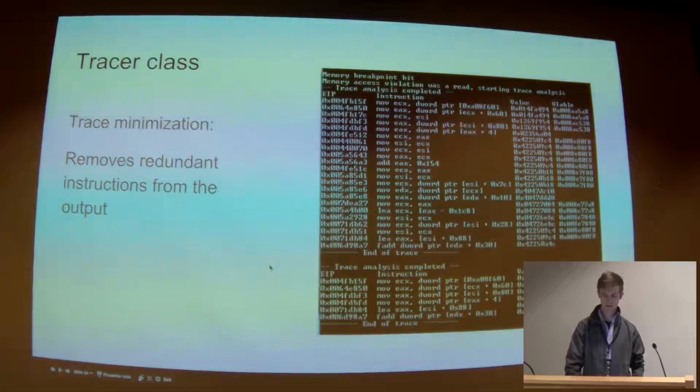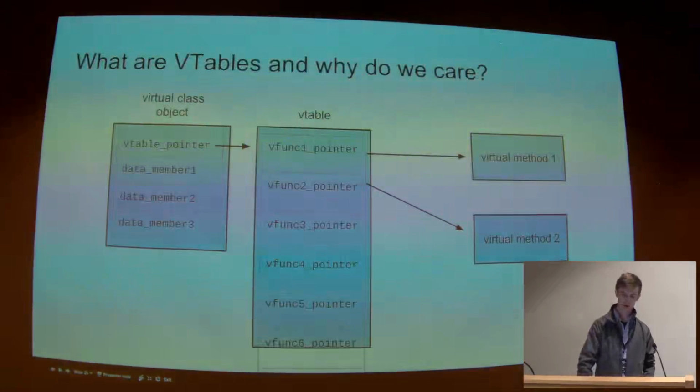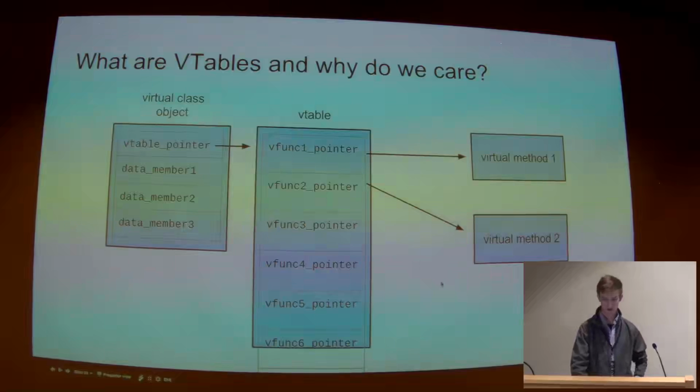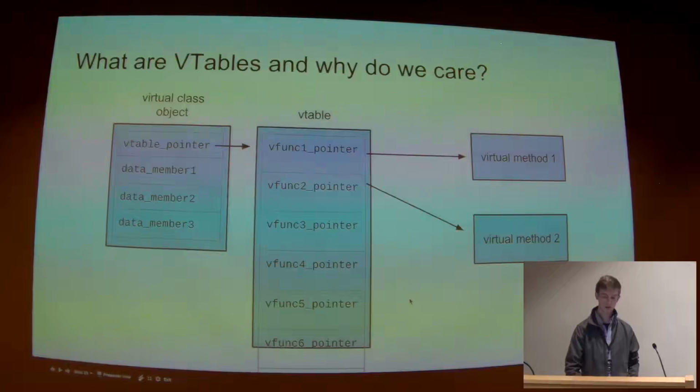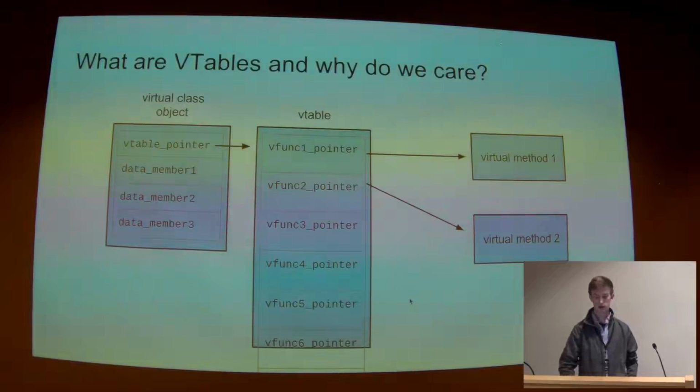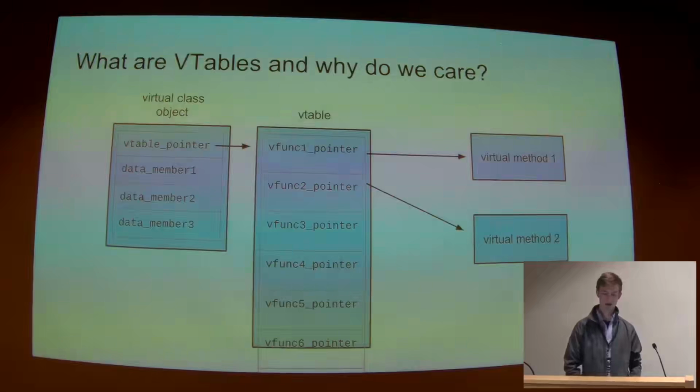Okay, so what are vtables, and why do we care about this at all? Vtables are a common implementation for compilers to support virtual classes. So virtual classes are classes that leave the implementation of their methods up to their subclasses.